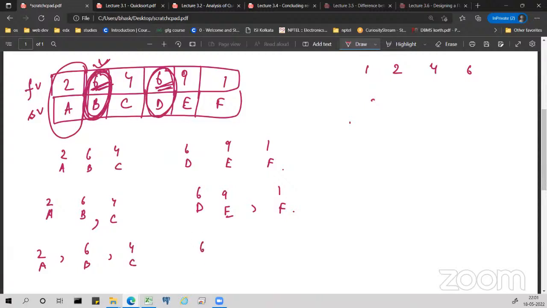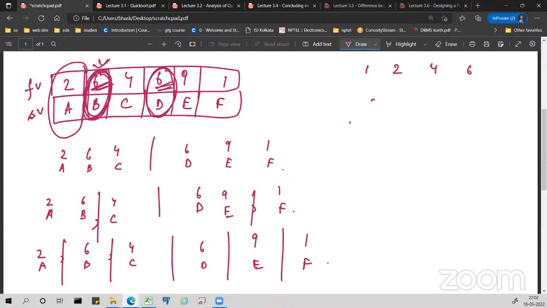Over here it would be 6D, then you have 9E, then you have 1F. Correct? This is the breaking. I have not disturbed any order.